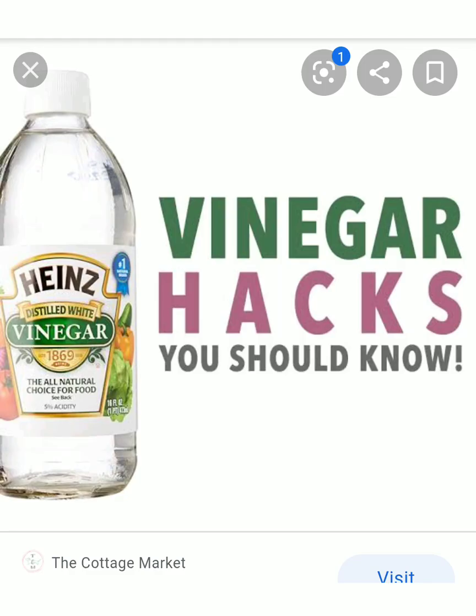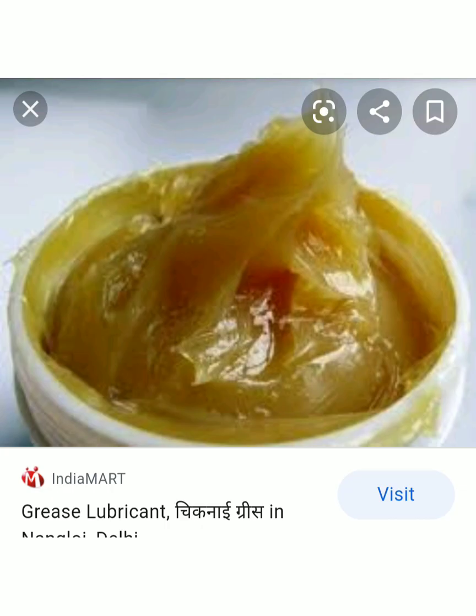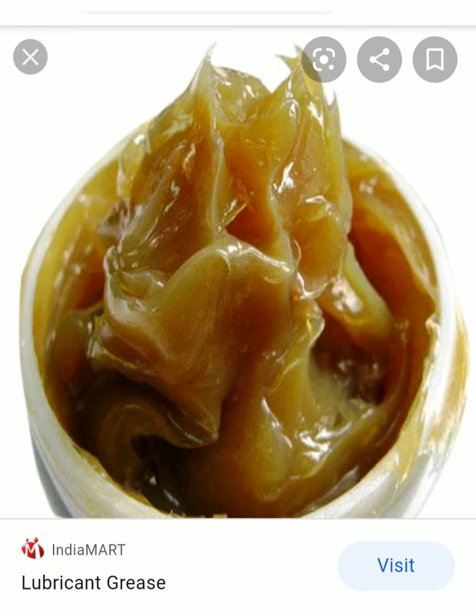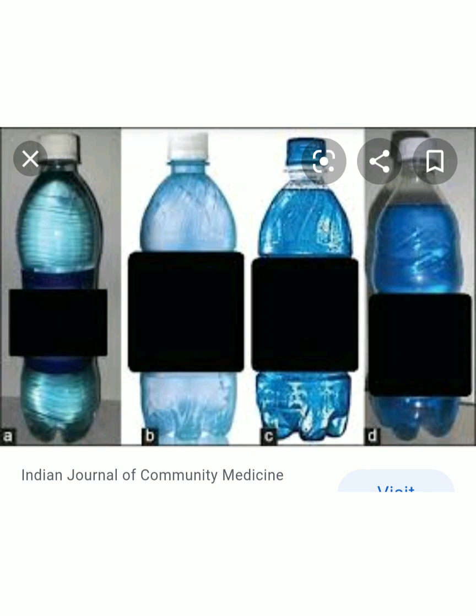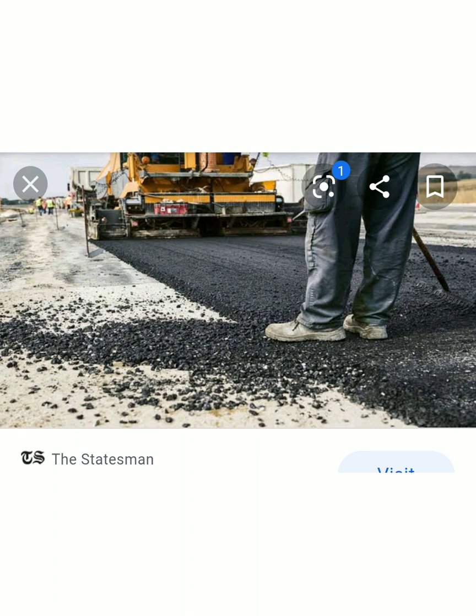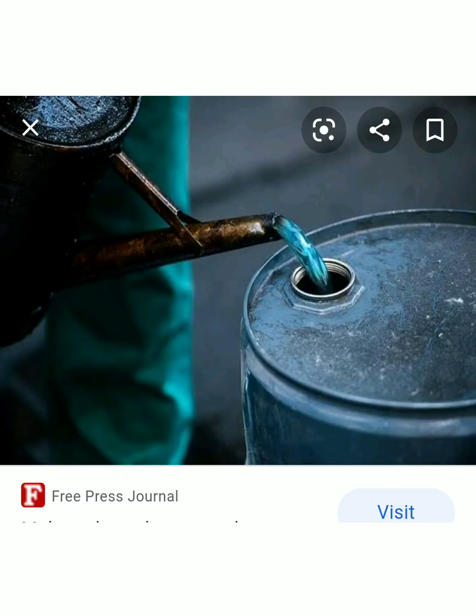Are you familiar with grease? Is it a water soluble substance? It's a lubricant. Grease is a lubricant. Is it water soluble? No, it will not dissolve in water. But it will dissolve in kerosene. And are you familiar with tar? Which is a solvent that can dissolve these substances?